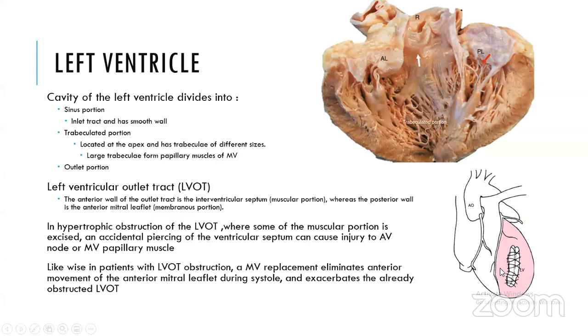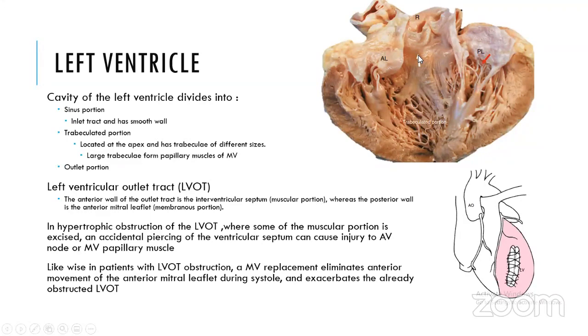The cavity of the left ventricle is divided into the sinus portion, trabeculated portion, and outlet portion. This is the sinus, this is the trabeculated portion, and this is the outlet portion.